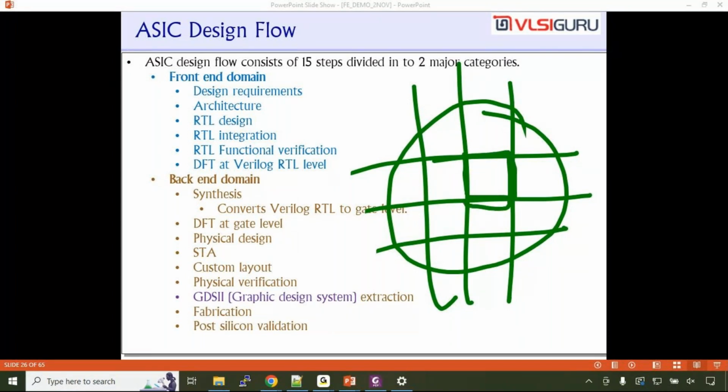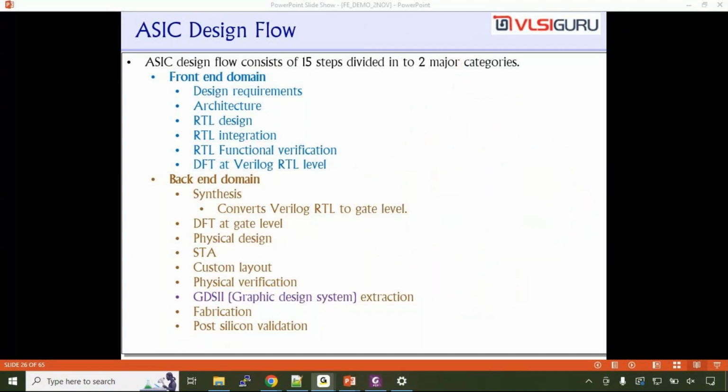Whether this chip is working fine or not, we need to check. That is called post-silicon validation. Once the silicon is there, you are validating whether the chip is working fine or not. Once it is done, you do packaging. Packaging means assemble everything, get the product.